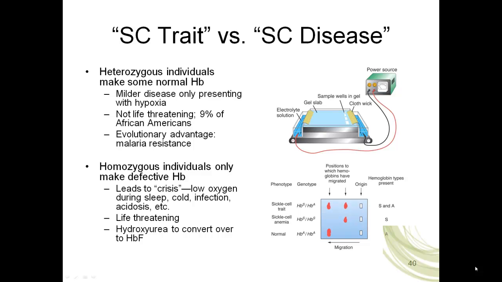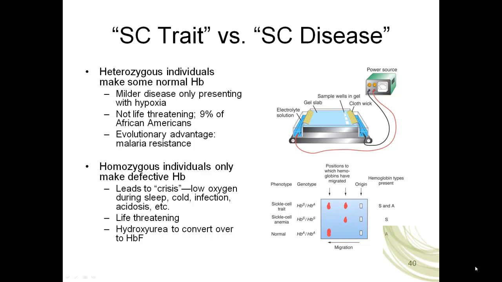So literally just falling asleep, we aren't inhaling as much oxygen, we aren't breathing as much. That alone can cause someone to have a crisis. Anytime they get sick, if their respiratory tracts are compromised, it could lead to a crisis. This is life-threatening, and it's very painful, and it can be a positive feedback effect.